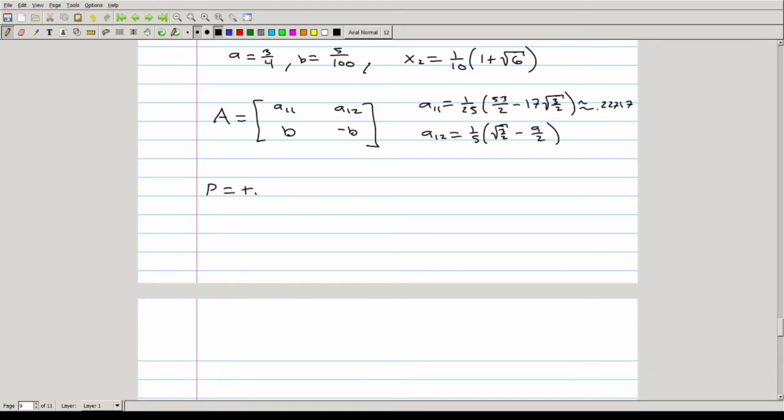We look at the trace of A, which is this a11 minus b, the sum of the diagonal components of the matrix, and we look at the determinant of A, which is this times this minus this times this, which simplifies to 2 over 25 times 3 square root of 6 minus 2, which is approximately equal to 0.47, times b, which is greater than 0.